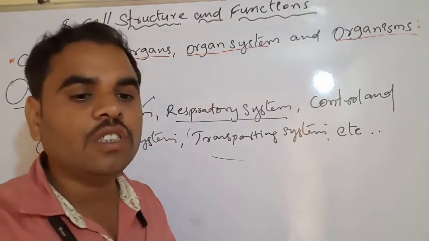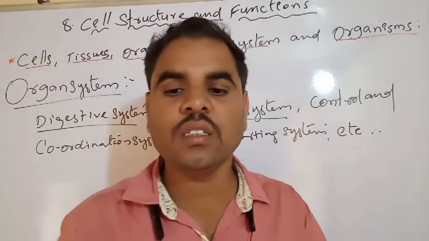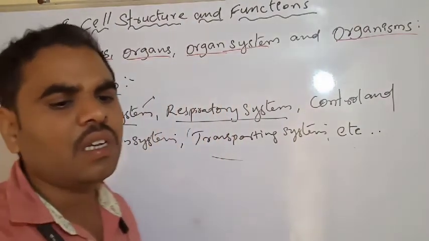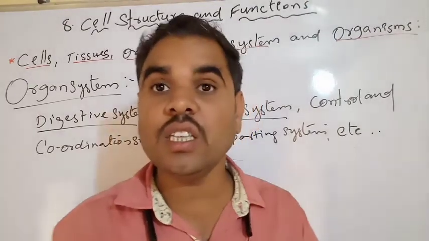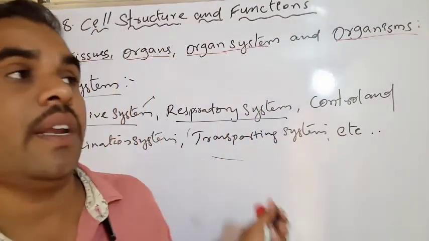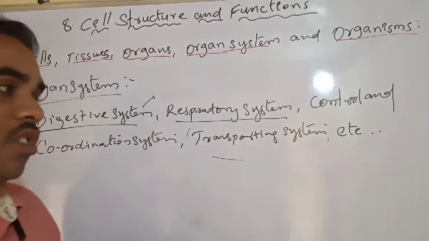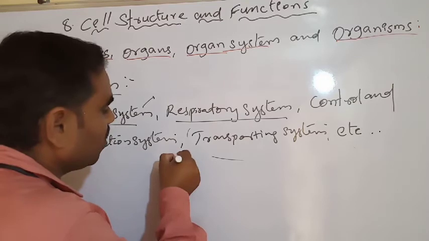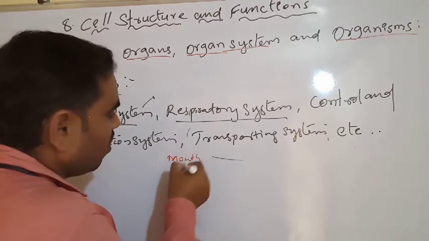Next we have the esophagus, stomach, large intestine. These are all parts of systems, and many of them are interconnected. For example, in the digestive system, first there is the mouth.